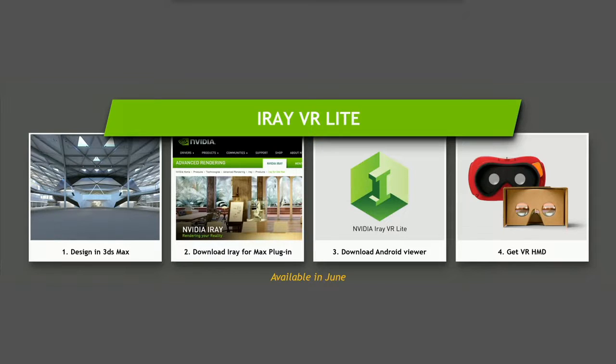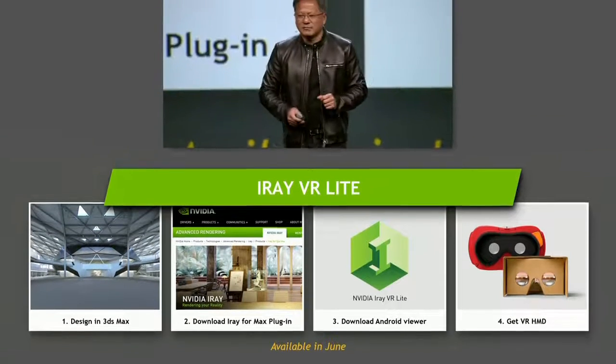You download your Iray plugin, or it's integrated, and then you download an Android viewer, and you grab yourself a cardboard box, the Google Cardboard, which is fantastically clever, or you get a ViewMaster with a phone stuck inside it. You download this app, and you now enjoy VR. We have this experience at the show floor. Give it a try. It's really, really fantastic. Iray VR.